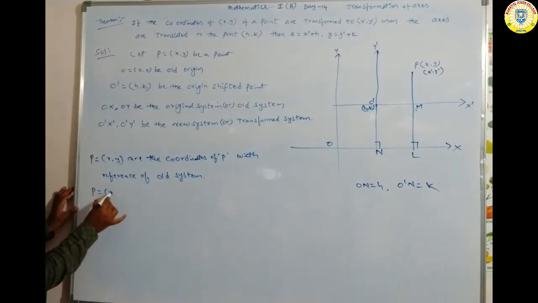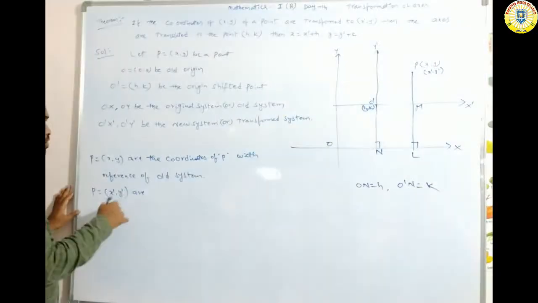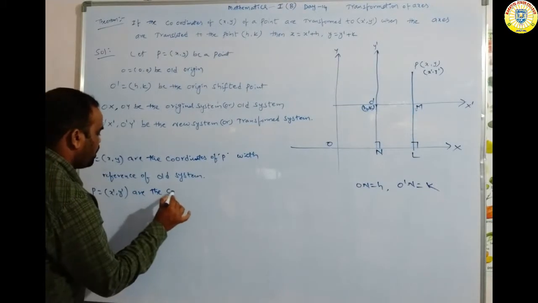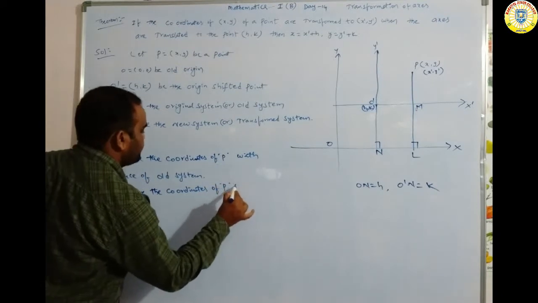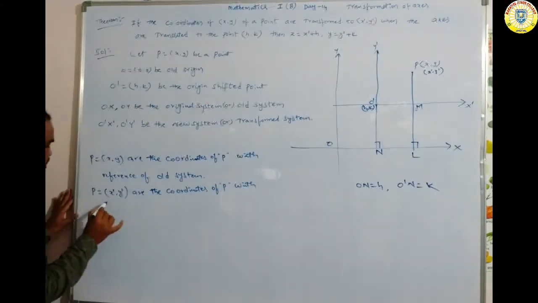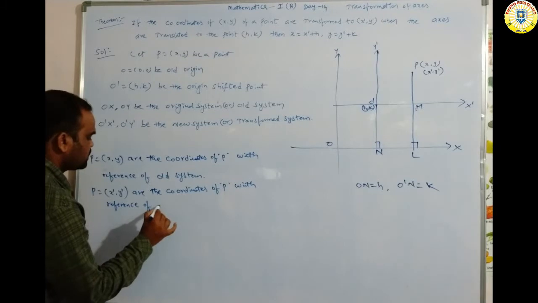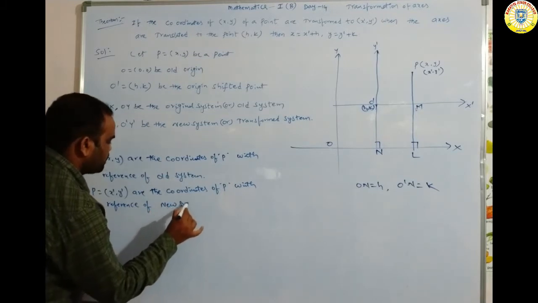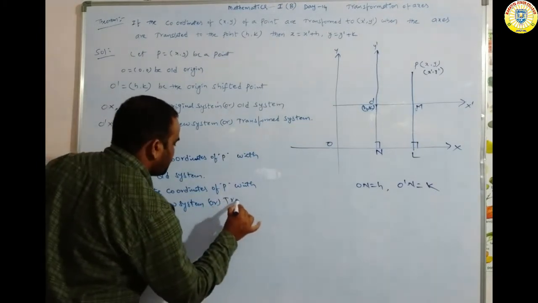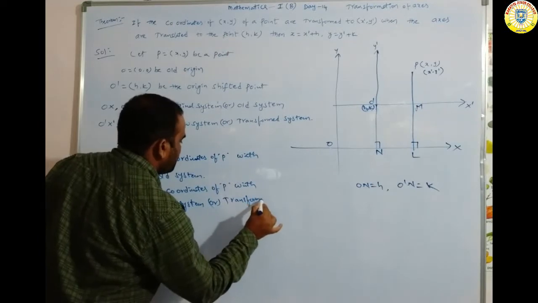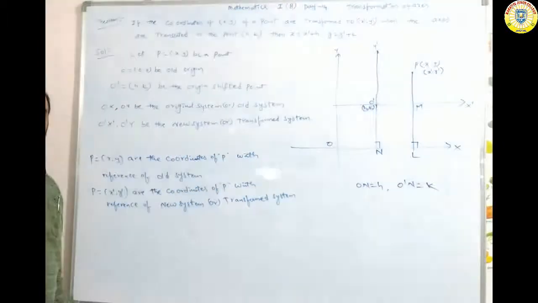Here P is equal to x dash comma y dash are the coordinates of P with reference to which system? The new system, or transformed system.